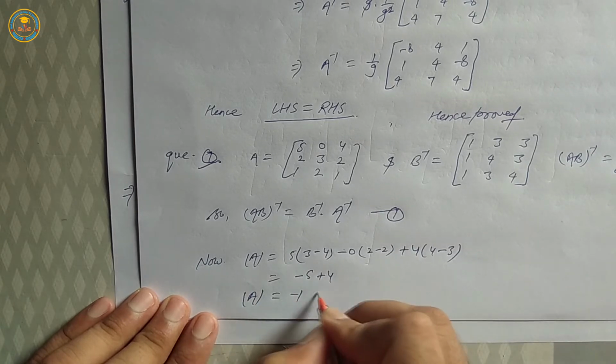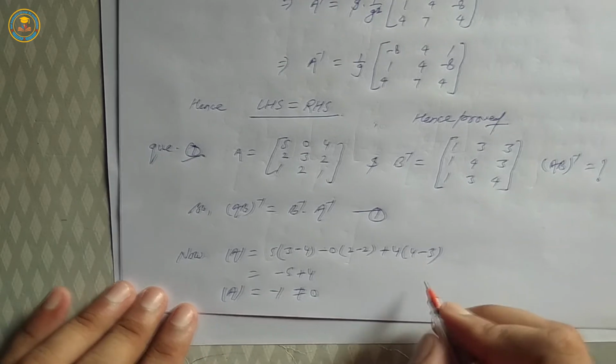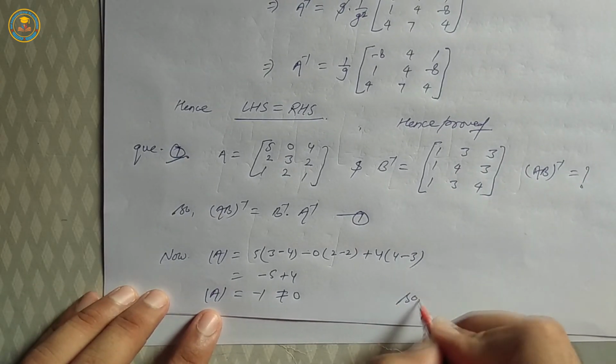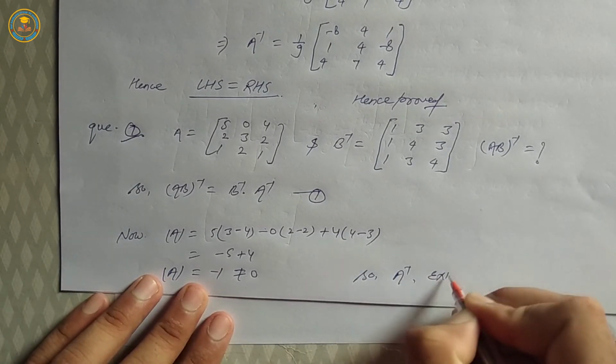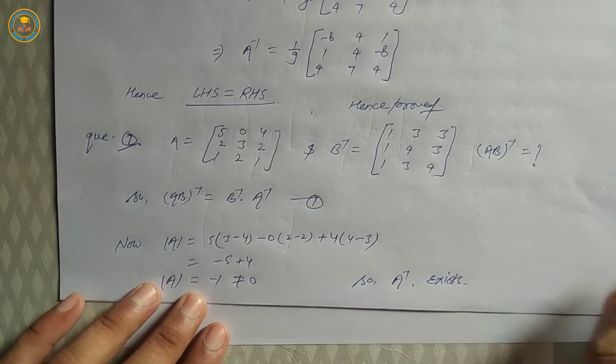Determinant A equal to minus 1, not equal to 0. So, A inverse exists. Okay.